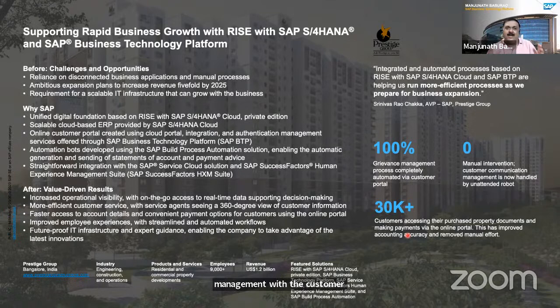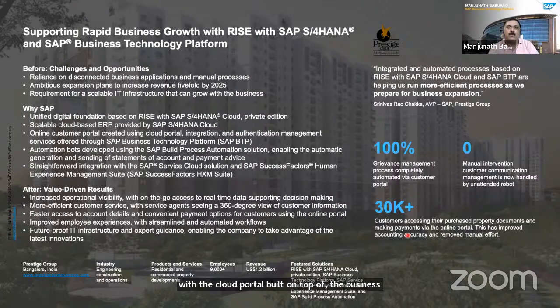Now, what they did is, along with the move to a totally new digital foundation with S/4HANA, they also started looking at SAP Build Process Automation. And they now have a 100% online experience for grievance management with a cloud portal built on top of the business technology platform.